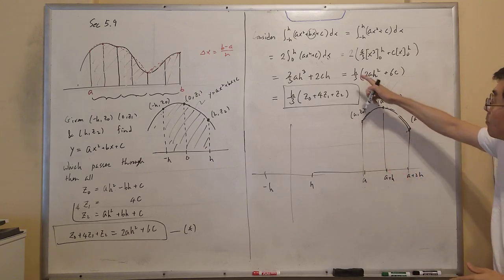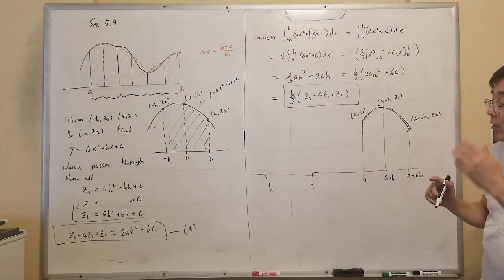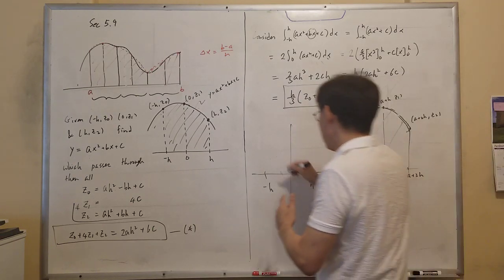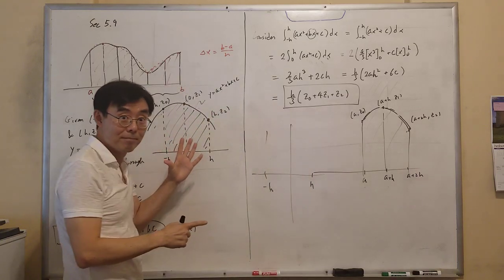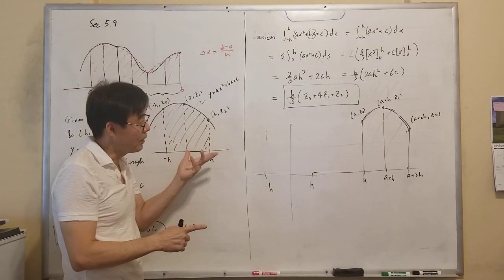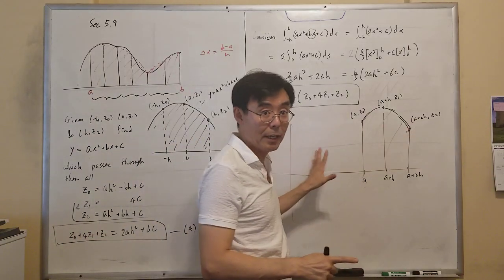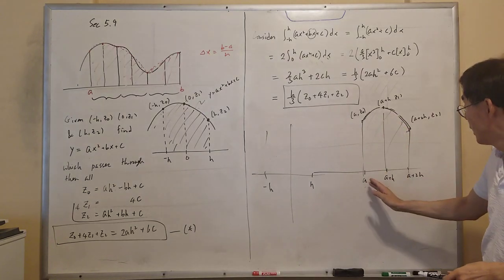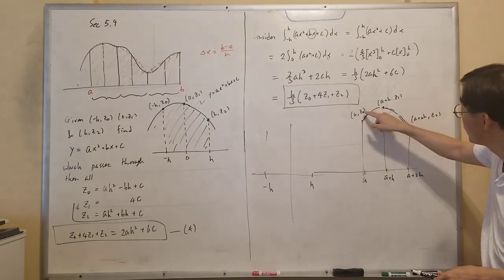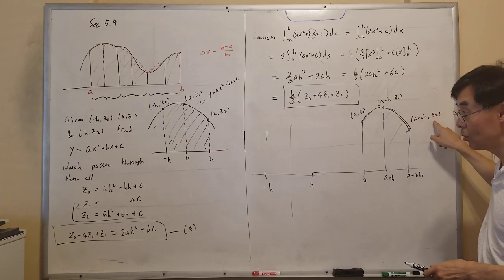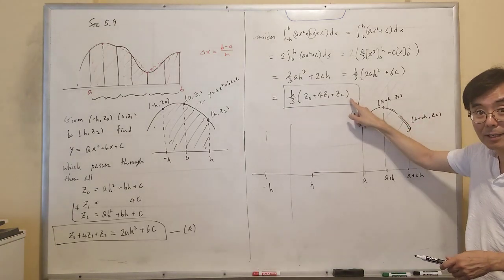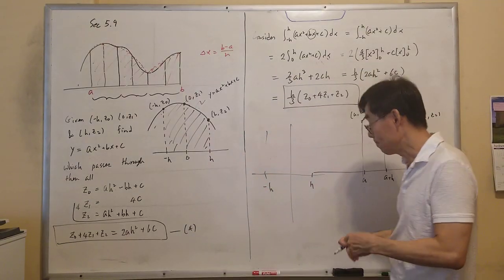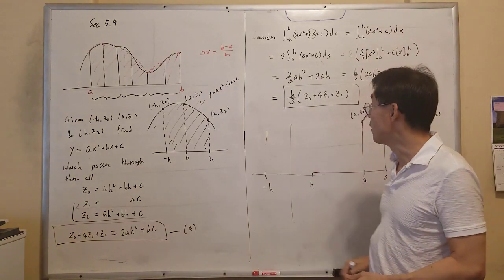Then the equation itself, the quadratic function itself, will change, but this area must be the same as this area. So in the end, no matter where you are located, the definite integral of a quadratic function between a and a plus 2h with y values z0, z1, z2 will always be this. Okay? If you use translation, you can match. So this one case is good enough.